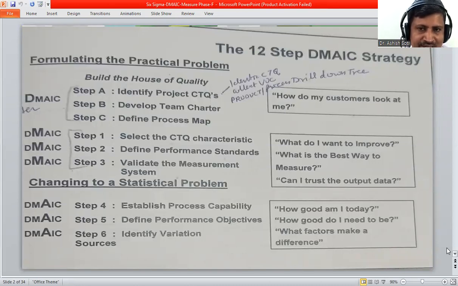This is mainly because all my things are dependent on the measurement system. So we have to check whether my measurement system is working satisfactorily or not, because sometimes we may reject a right product because of wrong measurement, and sometimes we can accept a wrong product as a right product because of wrong measurement.